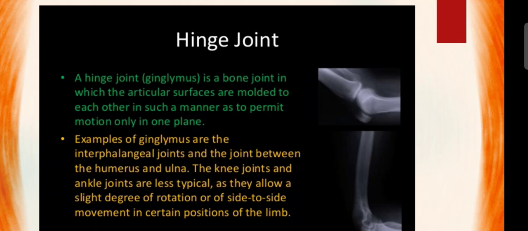For example, ginglymi are the interphalangeal joints and the joint between the humerus and ulna. The knee joints and ankle joints are less typical as they allow a slight degree of rotation.